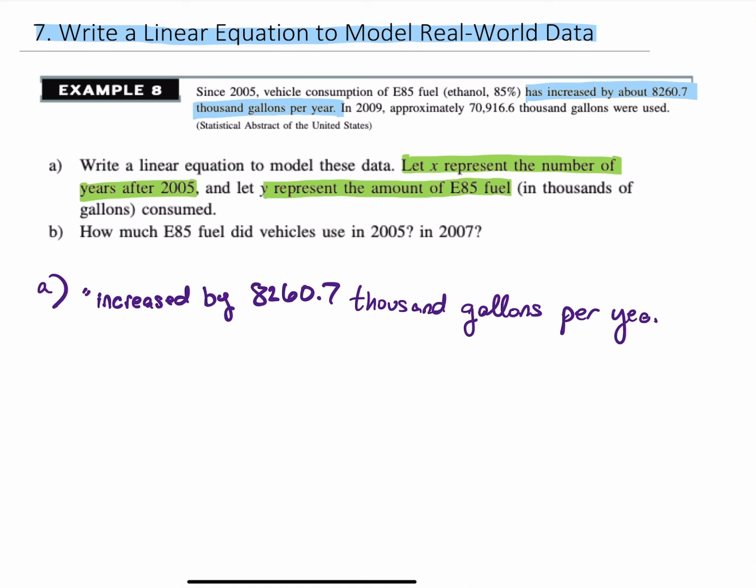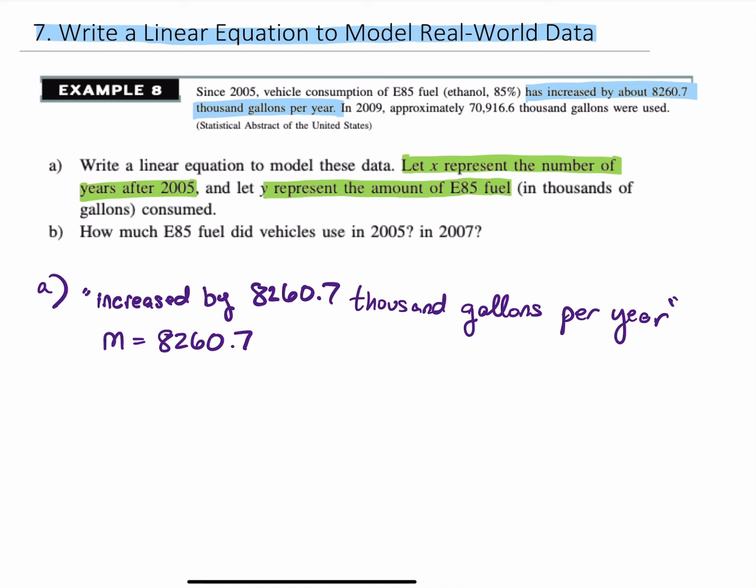And we know that x is time and y is in thousands of gallons. This will be the slope of our line. Per year will be per x unit. So we can say m will equal this number, 8260.7.